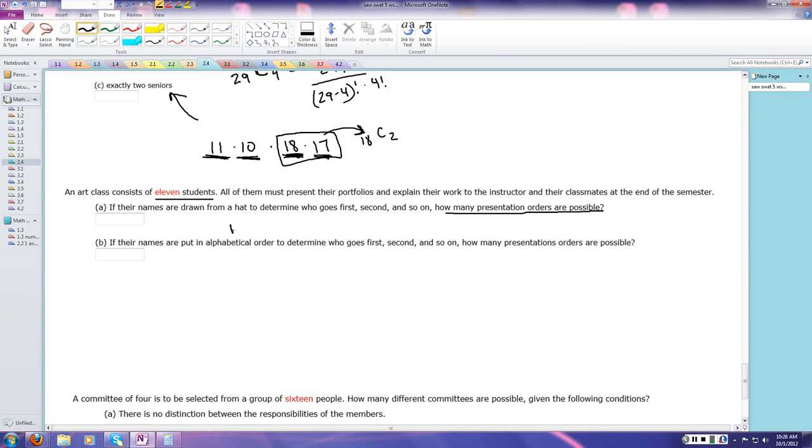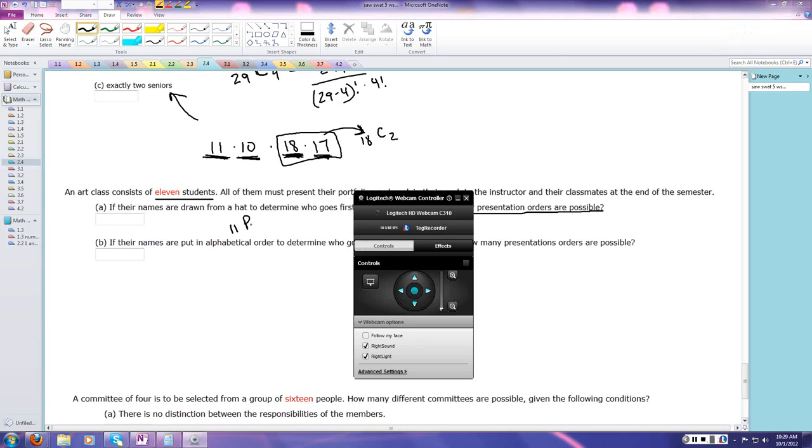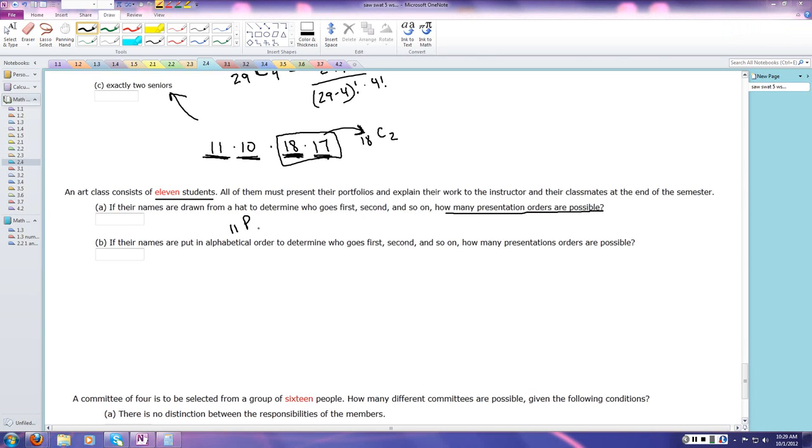I have 11 students, so it's going to be 11 permutation of 11. So it'll be 11 factorial over 11 minus 11 factorial, which is 11 factorial over 0 factorial, which is simply 11 factorial.